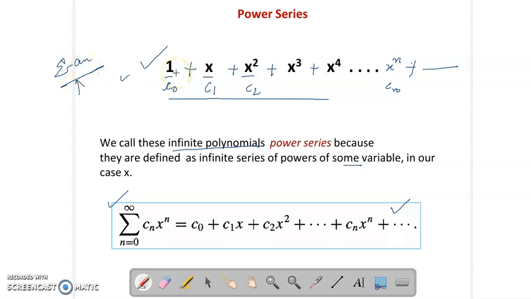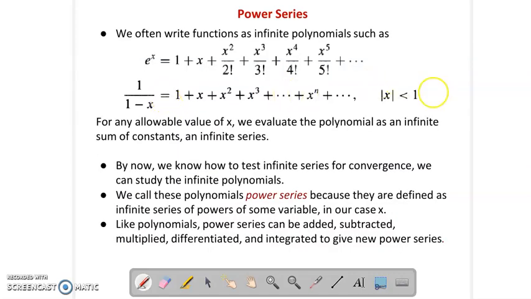Now we have introduced a variable x in here, right? So now that we know how to test infinite series for convergence, we can actually study infinite polynomials and test their convergence as well, right? And we are calling these polynomials power series, right?